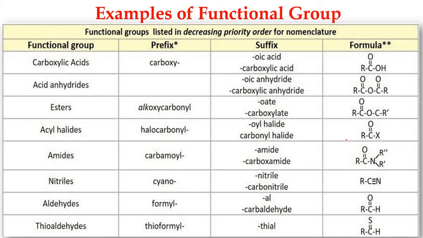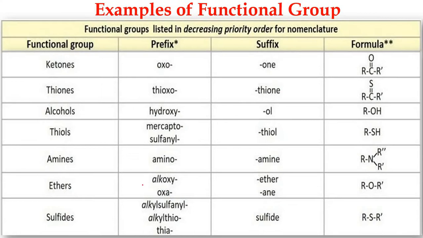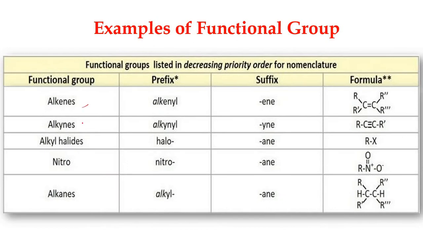These are some examples of functional groups in the broad list: carboxylic acids, esters, anhydrides, amides, aldehydes, ketones, alcohols, amines, ethers, then alkenes, alkynes, alkyl halides, nitro compounds, and alkanes. When attached to the carbon chain, these groups give the particular characteristics.